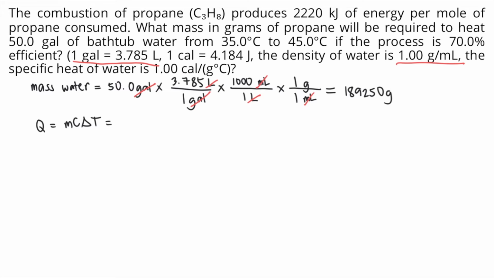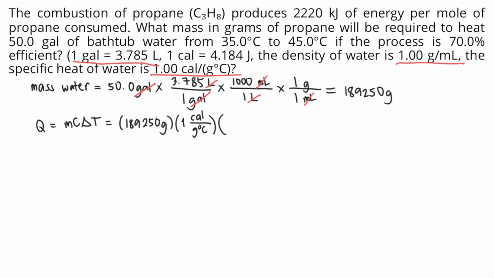So we already know the mass. That is 189,250 grams times the specific heat capacity of water given in the problem, 1 calorie per gram degree Celsius, times the change in temperature.